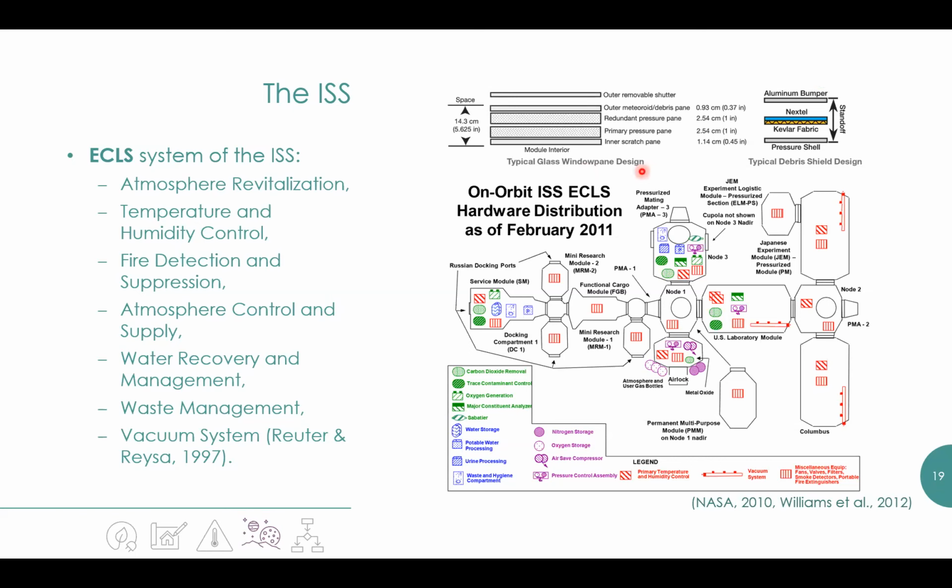Yes, for example, in the ISS, they are using this layer system for the glass. Okay. And maybe I can search for more information for tomorrow, and we can look at them also. Yes. Thank you.